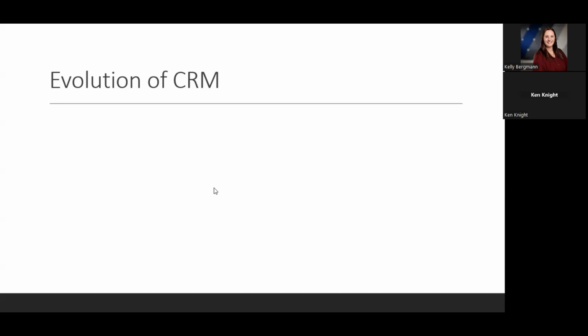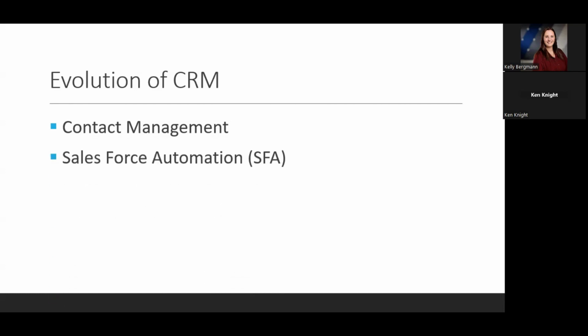So the first thing I want to talk about is the evolution of CRM. CRM started years ago simply as contact management. If you think about Outlook, where you have a list of contacts, that's where this whole etymology began, way back when with just contacts. That then evolved into sales force automation, the concept of having a pipeline of sales opportunities and keeping track of everything related to what we're doing sales-wise.